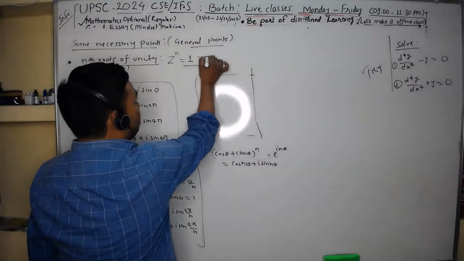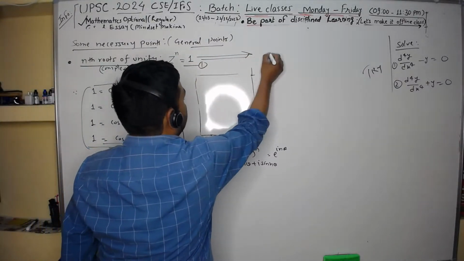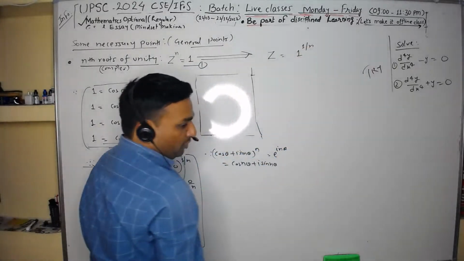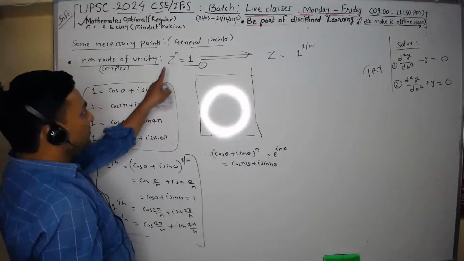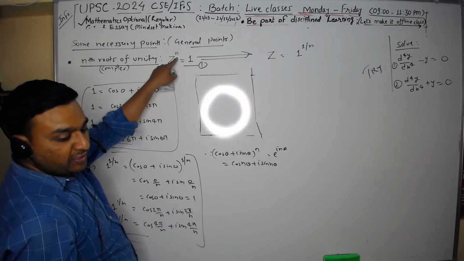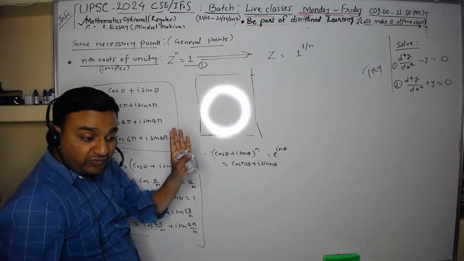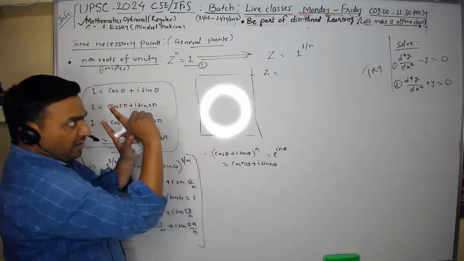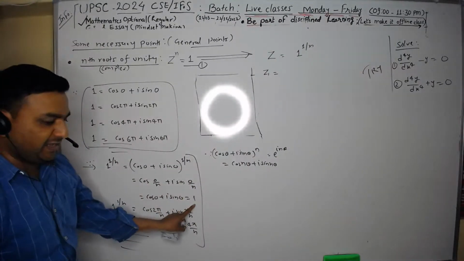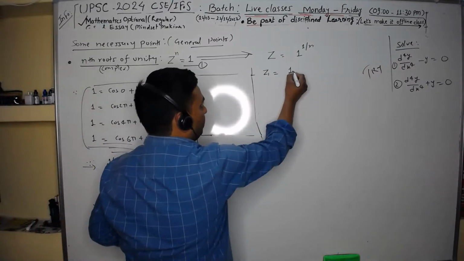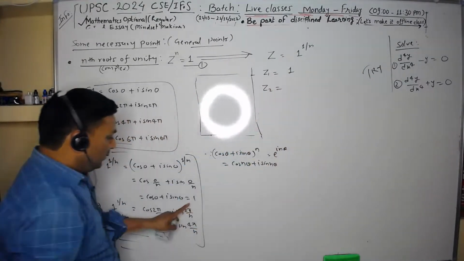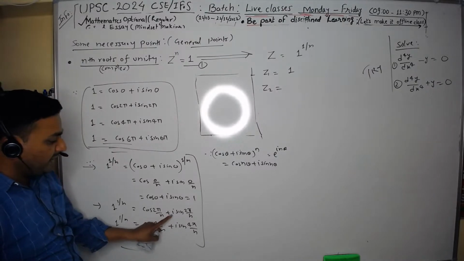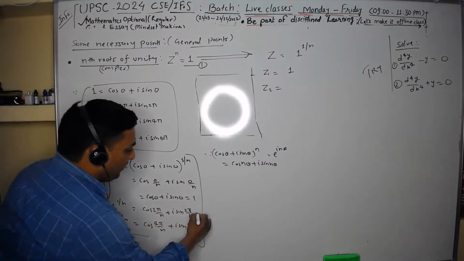Since z raised to the power n is 1, this implies z equals 1 ka power 1 upon n. Since this is an nth degree polynomial, it will have n roots. So let's say z1 is the first root. First root क्या मिला है? 1. z2 is the second root. What is that? Cos 2 pi by n plus iota sine 2 pi by n.